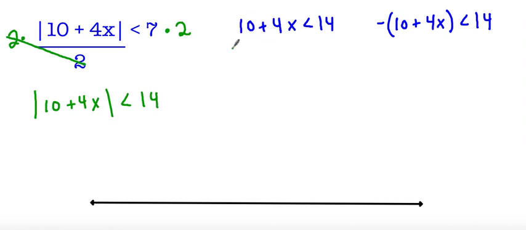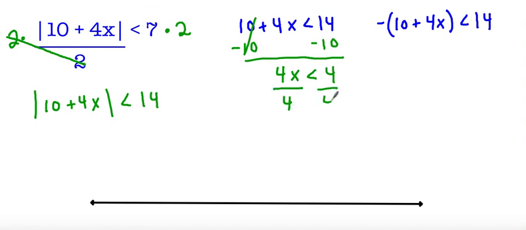So we're going to subtract 10 on both sides. We're left with 4x is less than 4. And in order to isolate x, we're going to divide both sides by 4. So x is less than 1.